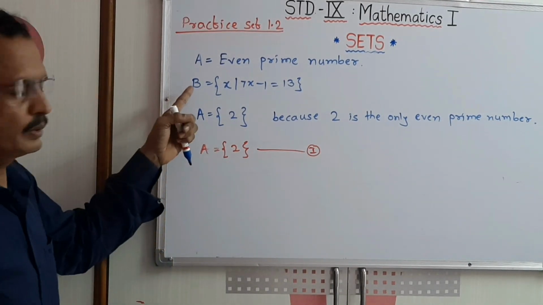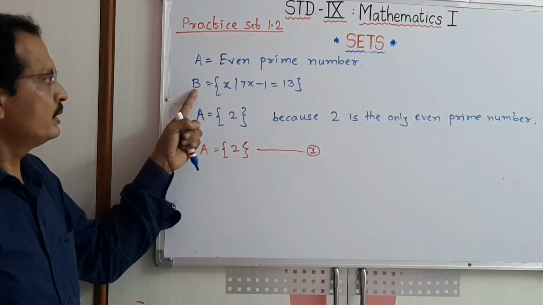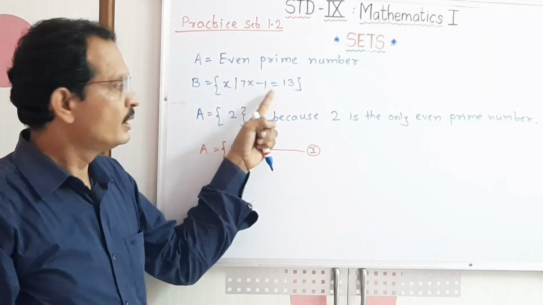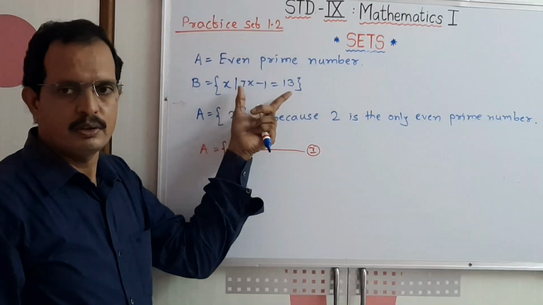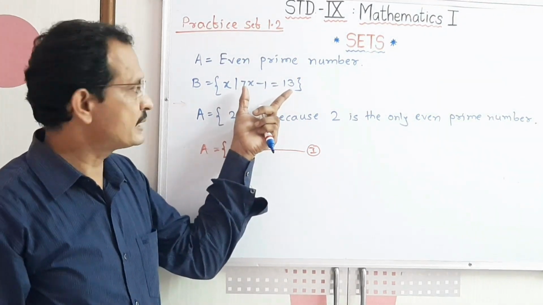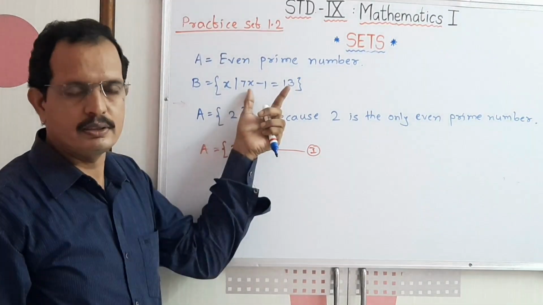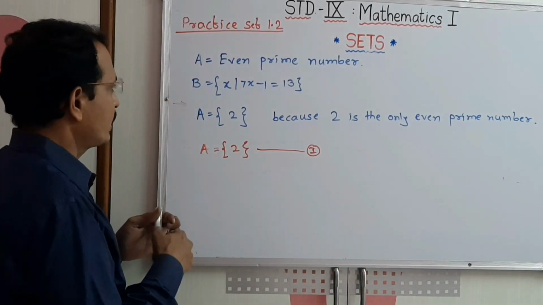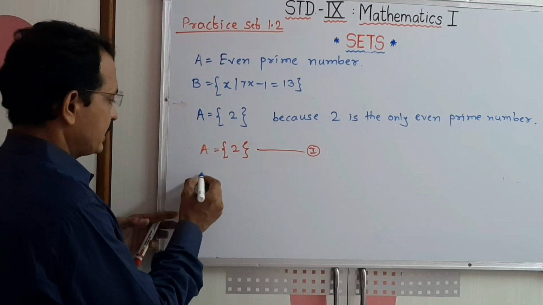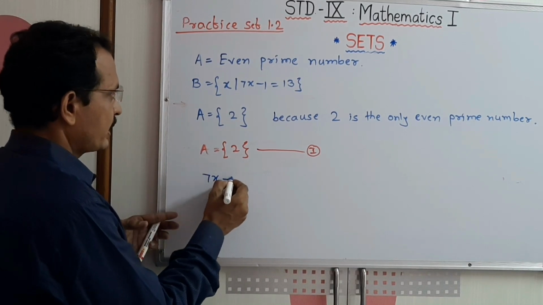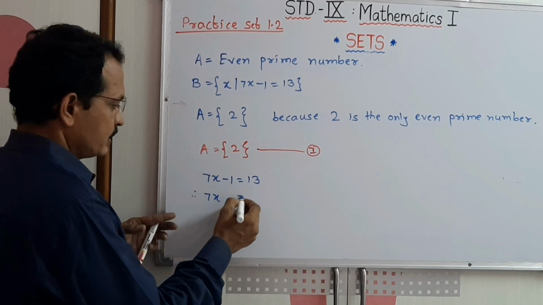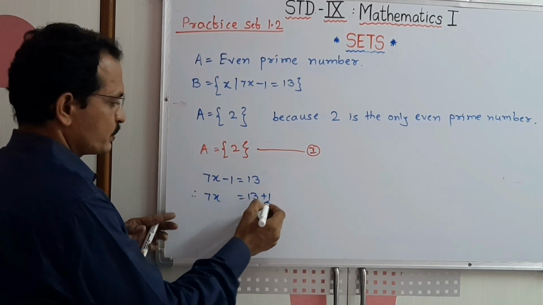Now see the second one. B is a set of x such that 7x minus 1 is equal to 13. Equation is given and we have to find out the value of this x. The value of this x is the element of that set. Therefore, we have to write here for set B, 7x minus 1 is equal to 13. Therefore, 7x is equal to 13 plus 1.